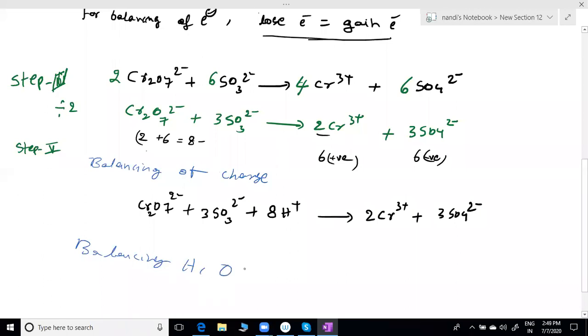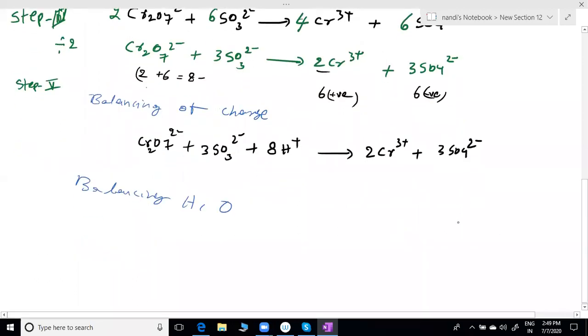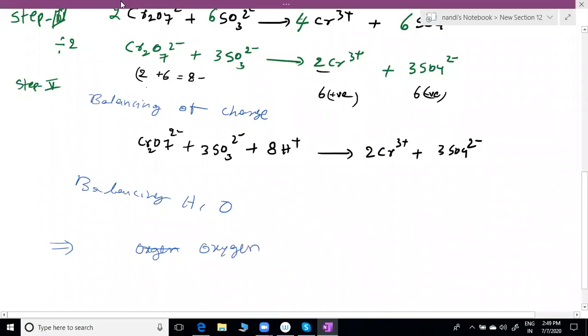and oxygen are very simple. I will finally give all the points, and according to those points you can get it. No need to follow the steps which are given. Wherever oxygen has fewer atoms, on that side add water molecules.